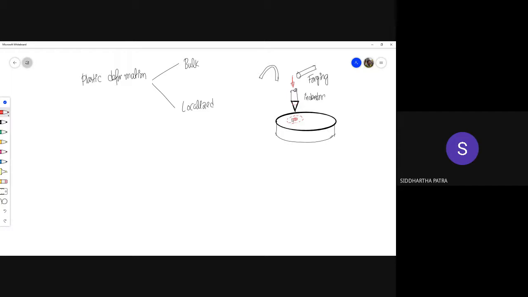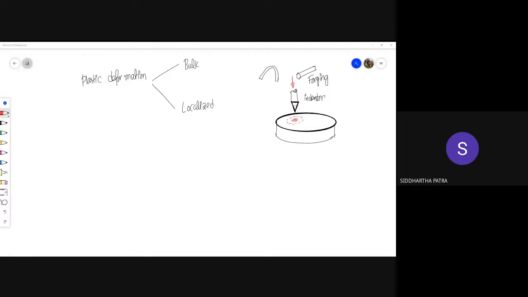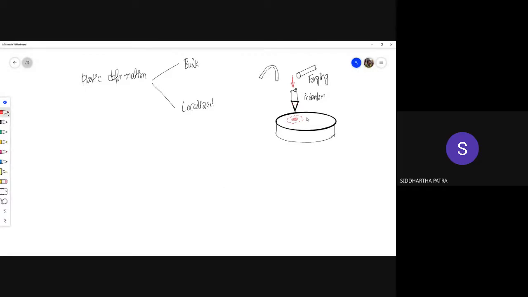But let's say you can think of an imaginary boundary beyond which there is no plastic deformation, and if you are sufficiently away from the indentation, the stresses and the strains that happen during the indentation process would be much smaller.